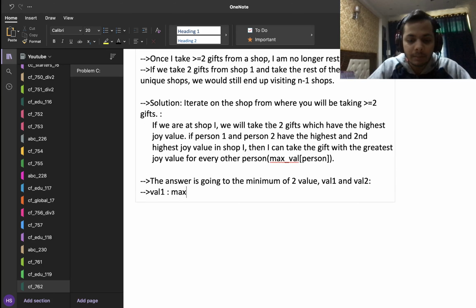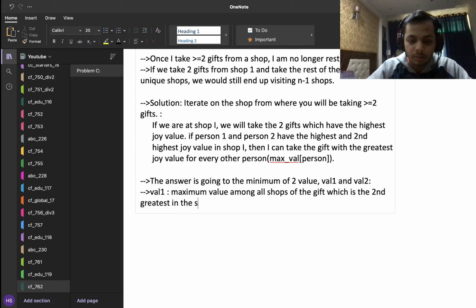So val1 will be the maximum value among all shops of the gift which is the second greatest in the shop.